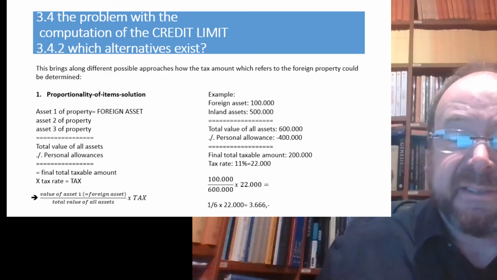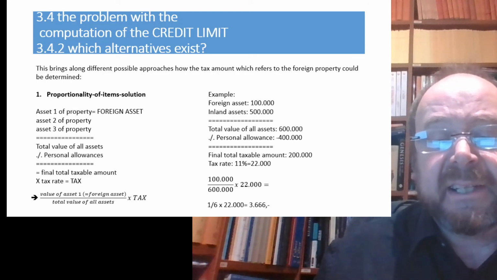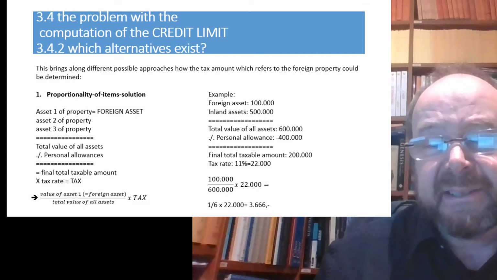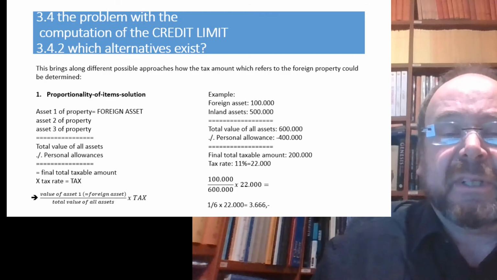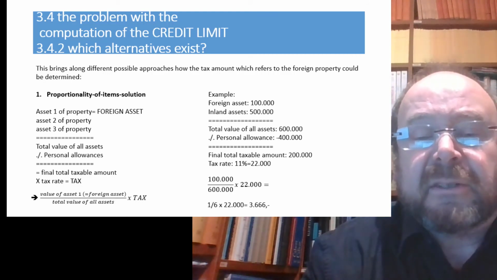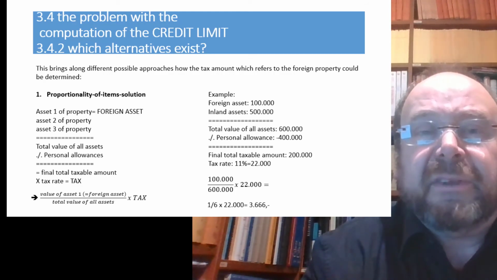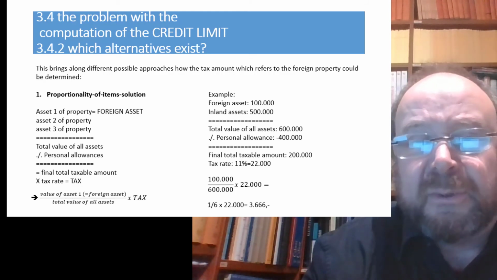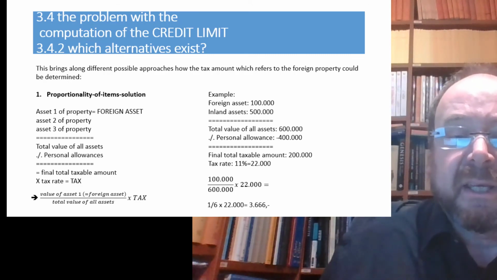That is 1/6. So 1/6 of 22,000 is seen as relating to the foreign asset number one, 3,666. So whatever you paid in the foreign country as foreign tax, you cannot lower your inland tax of 22,000 by more than 3,666 because all the rest is not paid for that foreign item.